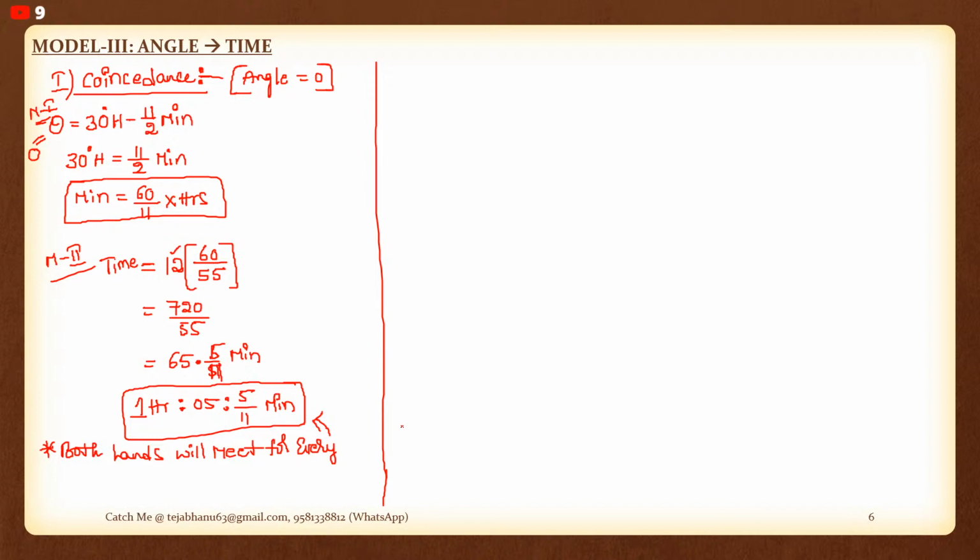Now, have a look at this problem. Between 2 to 3, at what time both the hands will coincide?